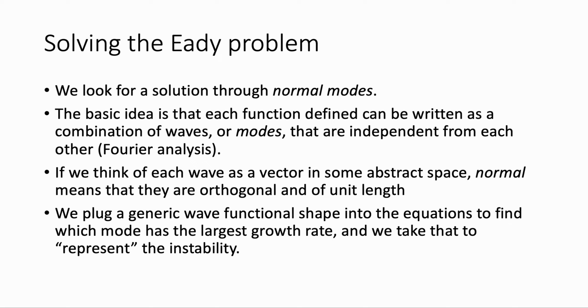And if you remember Fourier analysis, that shouldn't come as a surprise, and it actually makes sense to do this analysis. And so let's assume that each function can be written as an infinite sum of sines and cosines, or complex exponentials, which is roughly pretty much the same thing.